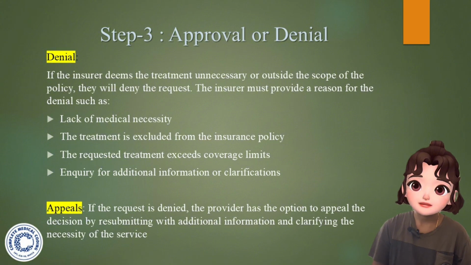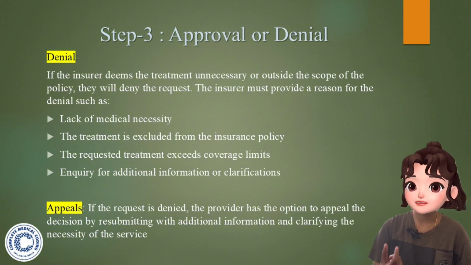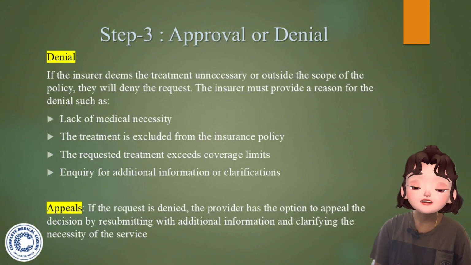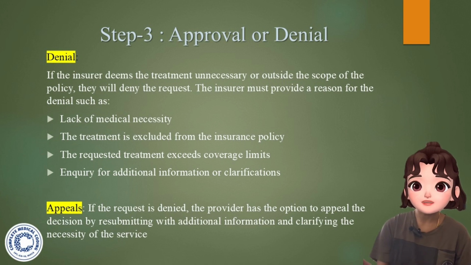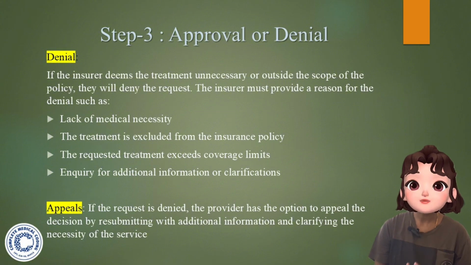First, check whether there is any lack of medical necessity. Second, the treatment is excluded from the insurance policy. If a denial comes like that, you always have to check the insurance policy to see whether the treatment is included or not. Third, the requested treatment exceeds the coverage limits. As I told you earlier, the limit is important.